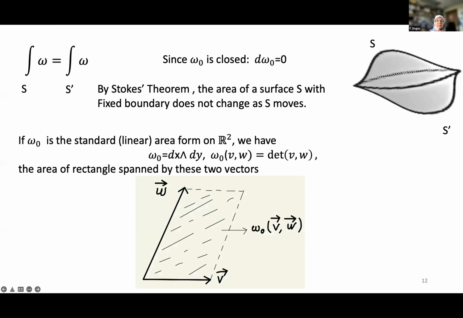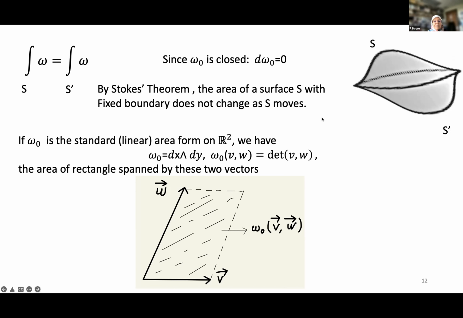Let me explain a little bit. What does that mean? By Stokes' theorem, if we have a surface with a fixed boundary and we change the surface without changing the boundary, the area won't change.